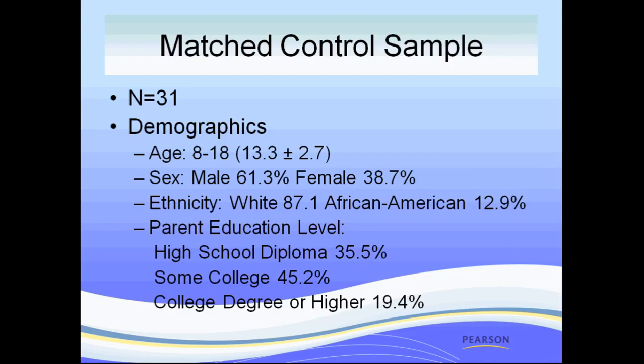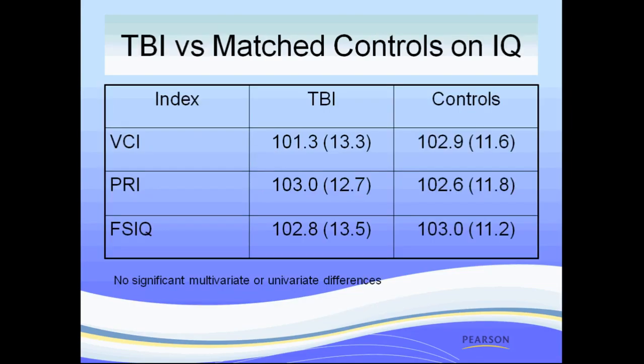But if you look at their intellectual ability in terms of tests that tend not to be highly influenced by the brain injury, like VCI and PRI, they're matched very well. Now, one could argue that these scores in the TBI group are actually lower than they were premorbidly, and I would agree with that. They're probably down some points on VCI and PRI, or an FSIQ. But in order to control for these general impairments, we did match the controls on both demographics and ability level.